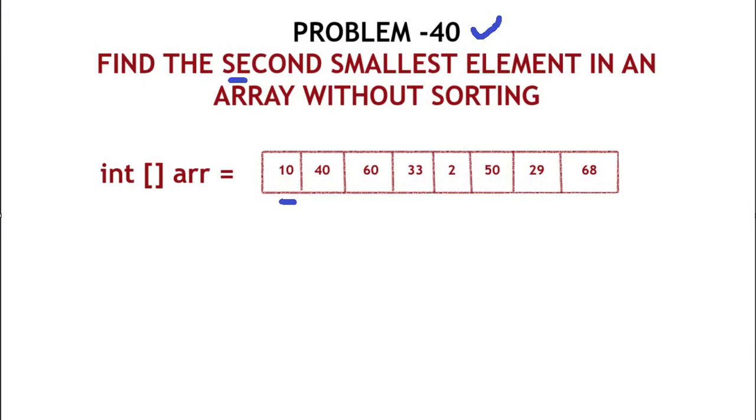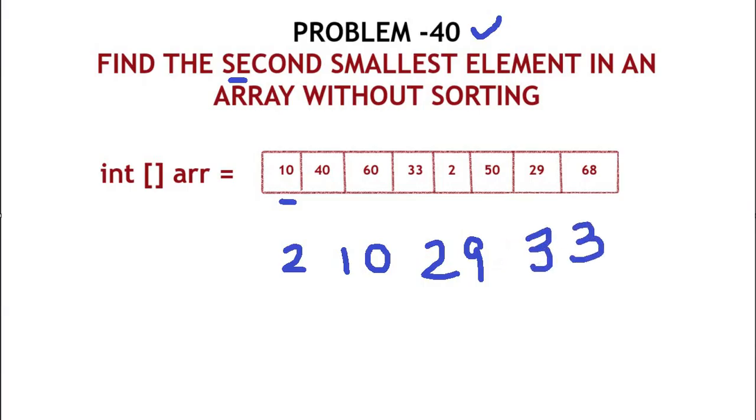Now with sorting, how can you solve this? You can sort the whole array in ascending or descending order. For example, if you sort this array like 2, then 10, and then 29, and then 33, and so on, in ascending order from smallest to largest, then the element present at index 1 is your second smallest element of the array.